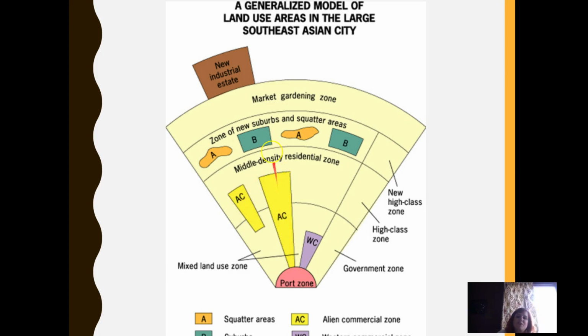These are alien commercial zones. And this is where you would have foreign workers. So workers who came from, I think most of this is for China, and they would come in and work and not necessarily be citizens of that country. Okay? But it has different zones, as you can see. A kind of green belt sort of thing going on right here, a market gardening zone, right? Okay.